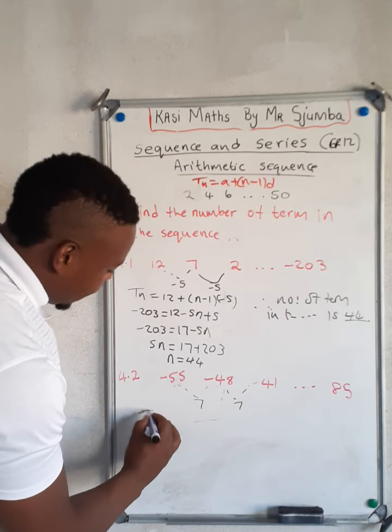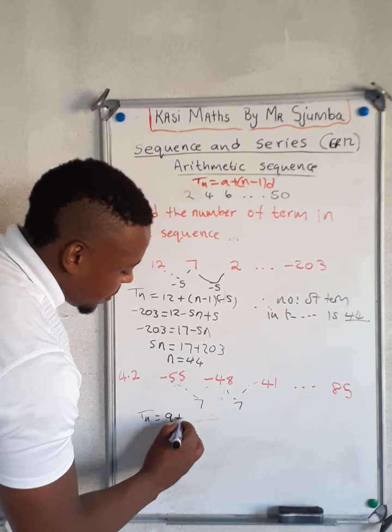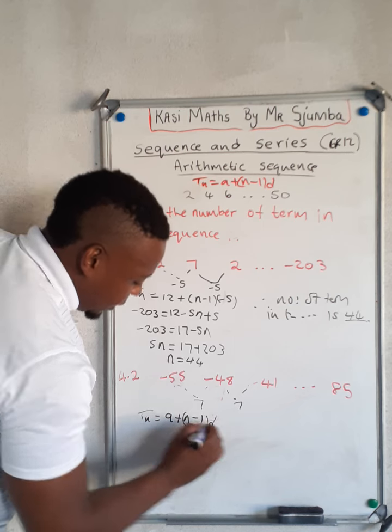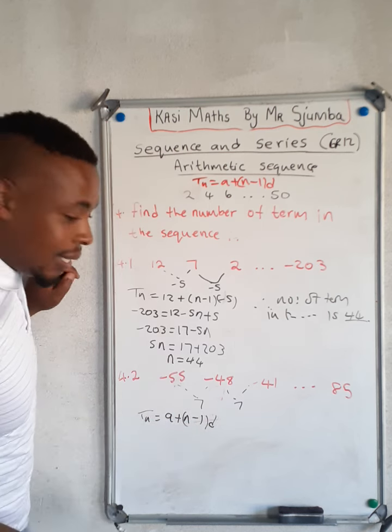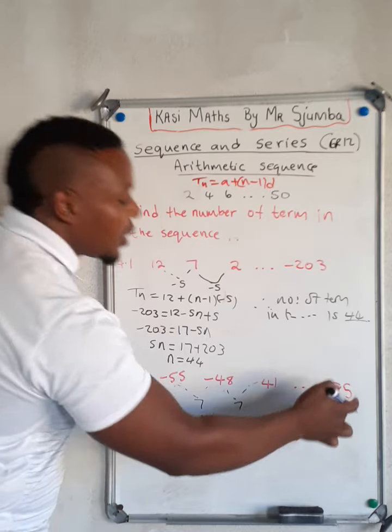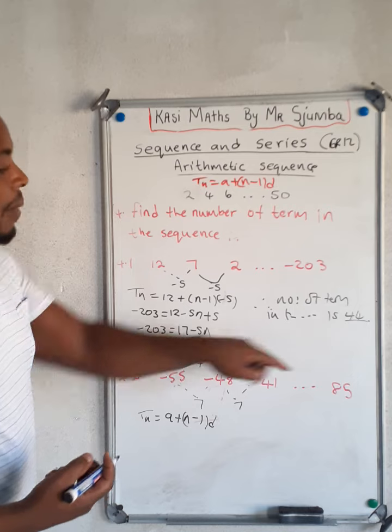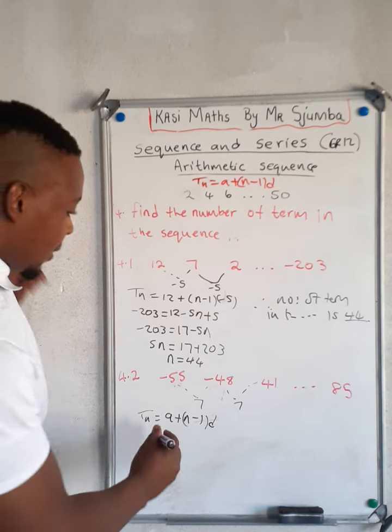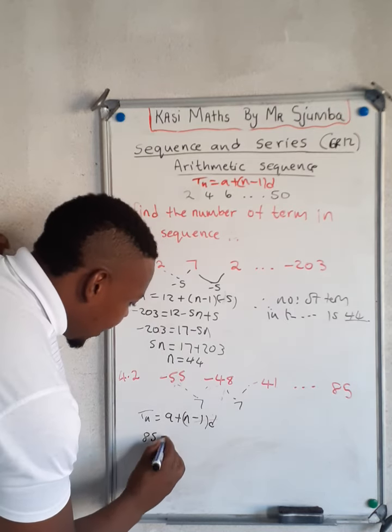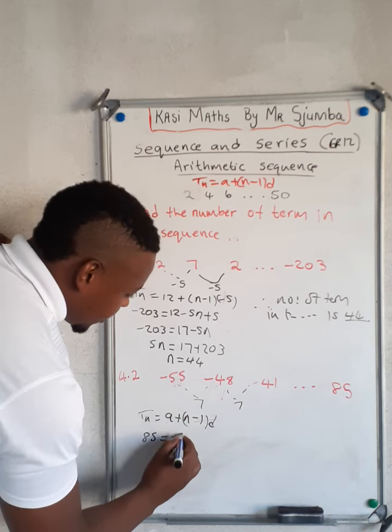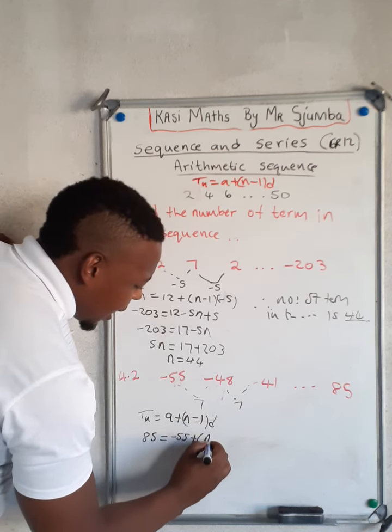So Tn is equal to a plus n minus 1 d because it's arithmetic. Now we're looking for the position of 85. 85 is the term value, and we must find the position. So 85 equals our first term, which is minus 55, plus n minus 1.